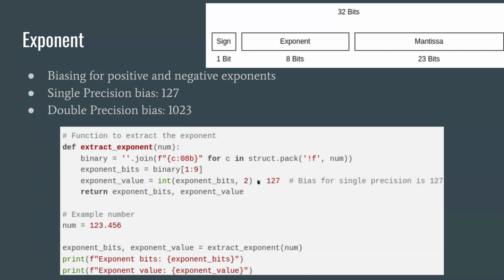And here we're dealing with 32-bit single precision values, so we're subtracting 127.